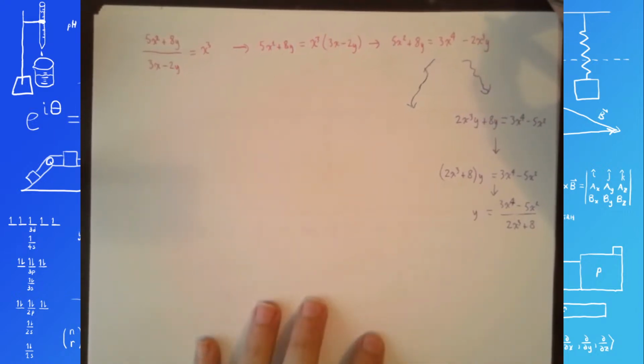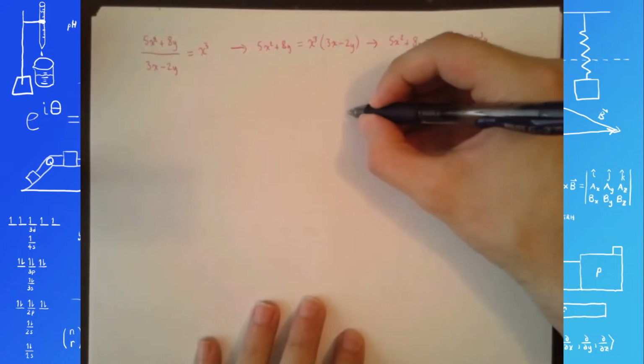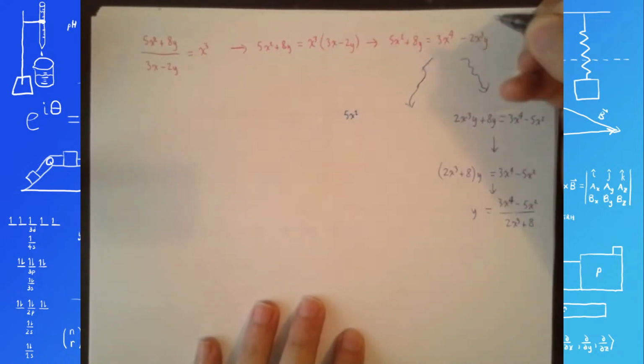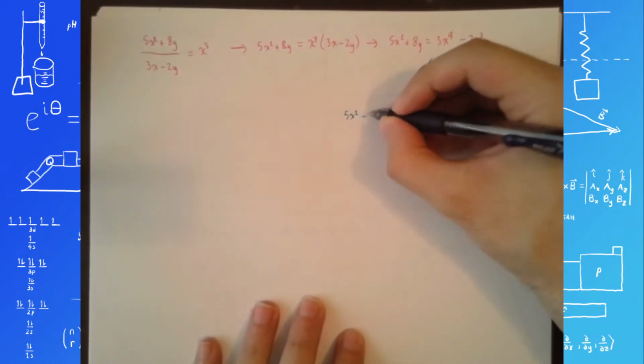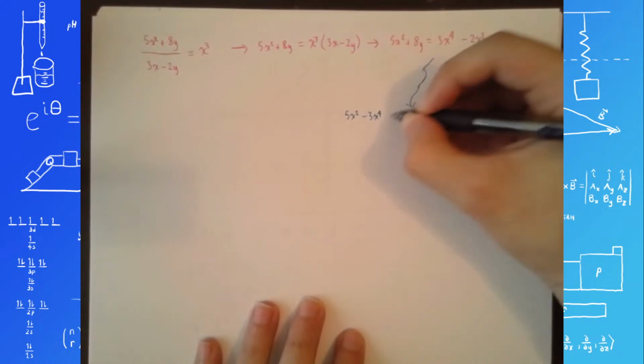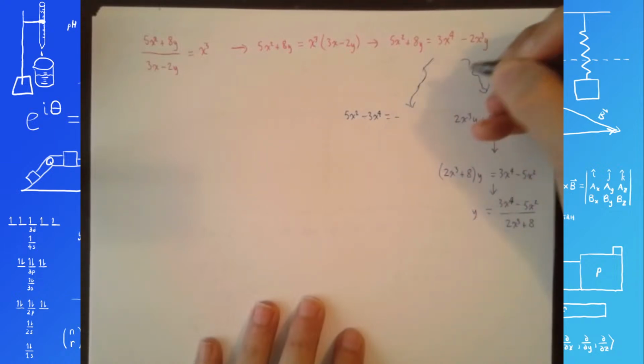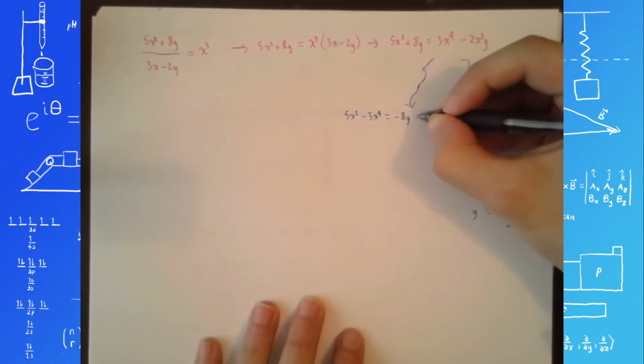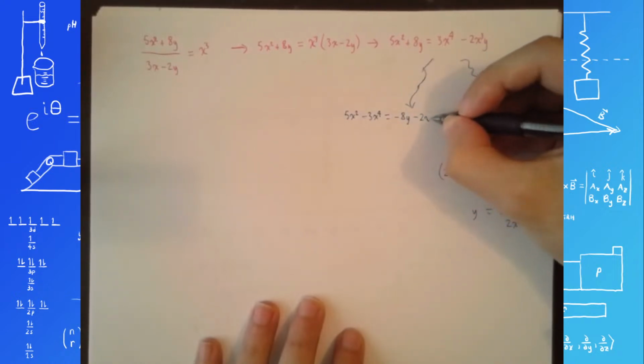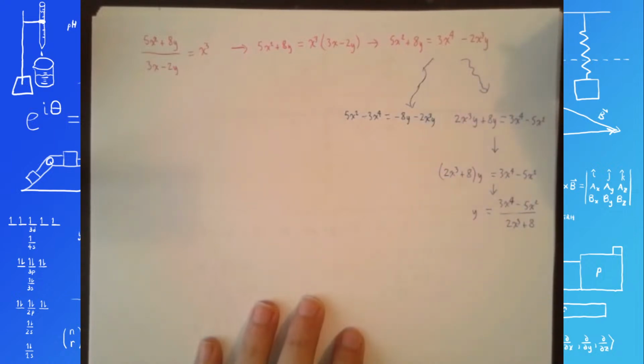If I do it the other way around, where I group the y's onto the right, then that would be 5x squared minus 3x to the 4 equals, if I subtract the 8y, then I get negative 8y minus 2x cubed y.